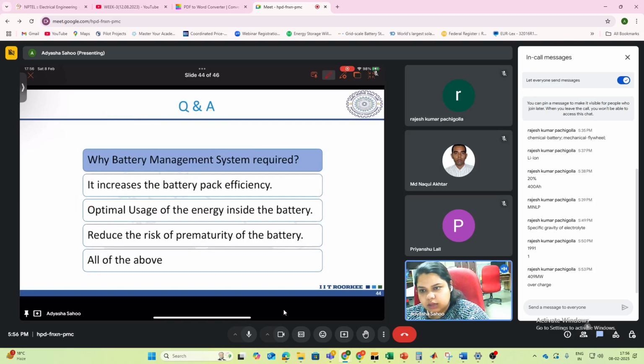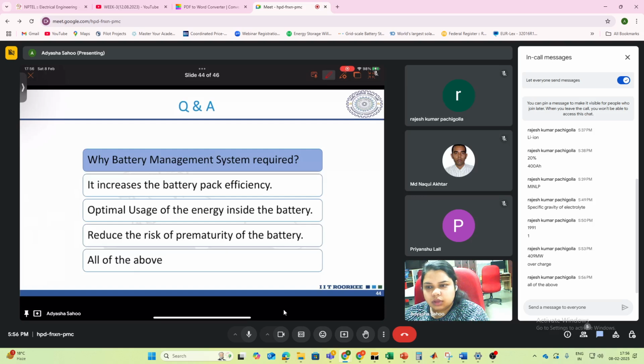Next is, why is a battery management system required?